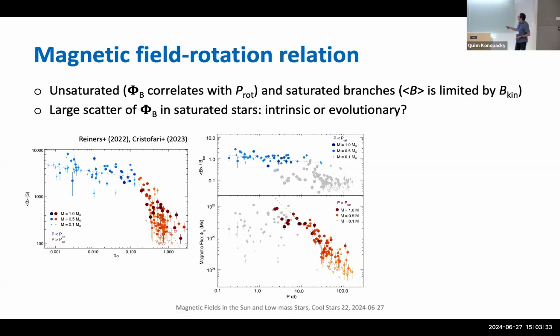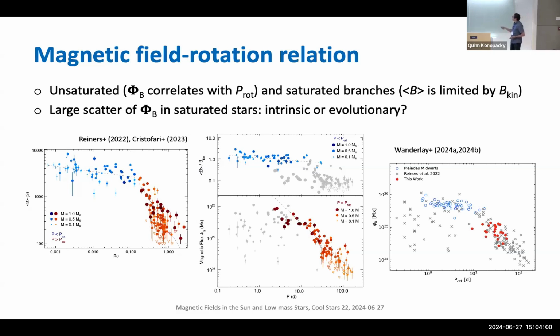But here, what I'd like to emphasize, what I'd like to discuss briefly, is the scatter of objects in the saturated regime. We don't really know what this is due to, and there are different hypotheses. Maybe we are catching stars in different phases of their activity cycles, or maybe this is due to some age or evolution effect.